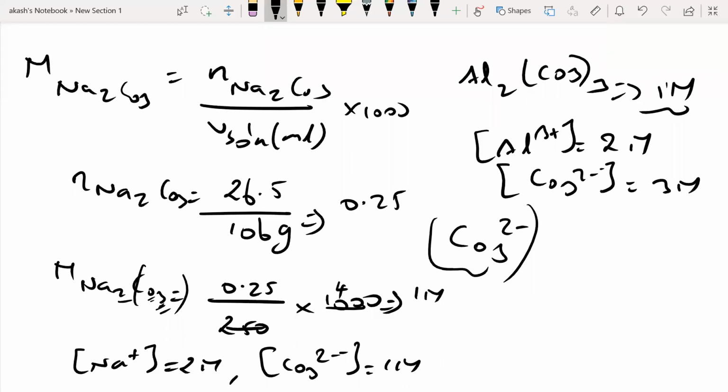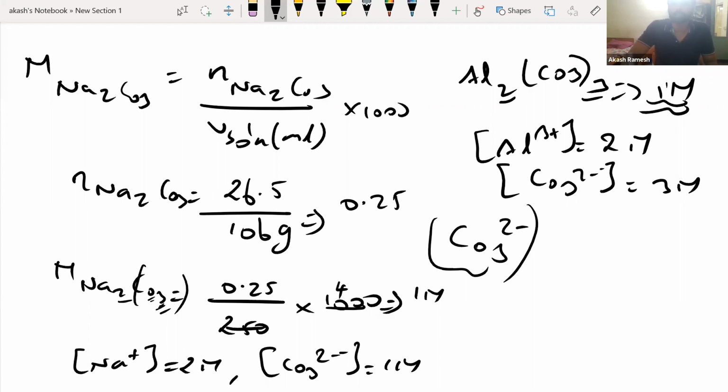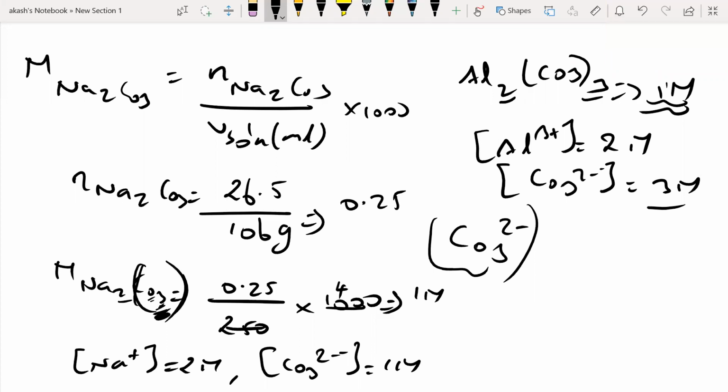Yes, sir. Because in one molecule I have 2 aluminum ions and 3 carbonate ions. So with 1 M concentration overall, aluminum would be 2 M because it's twice, and CO3 2 minus would be thrice. Now this 3 in our question is only for oxygen. The entire carbonate is what they're asking about. Okay, sir. Fine. Any other questions anybody has?